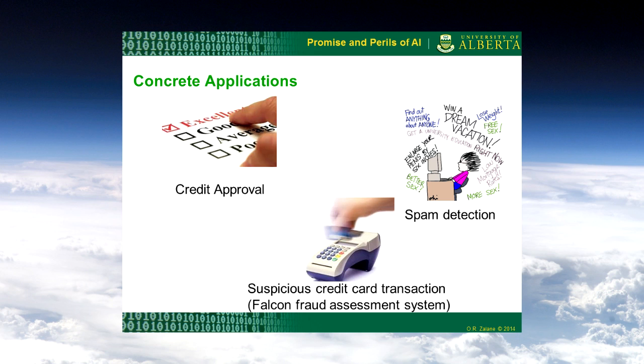So there are rules that you can add to your application that you're using to read your email, saying, if the email contains this word, I don't want to see it. Or if this email comes from this person or that person, I don't want to see it. Okay? So you can create static rules that are called filters, so that the spam filter will eliminate some of the bad messages that you don't want to see.